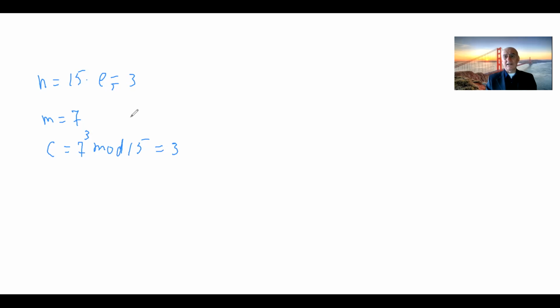So let's find 7 to the power 3. 7 times 7 times 7. It's 343. Then 343 we should divide by 15. Let's divide by 15 and we have 22. And what is the remainder?